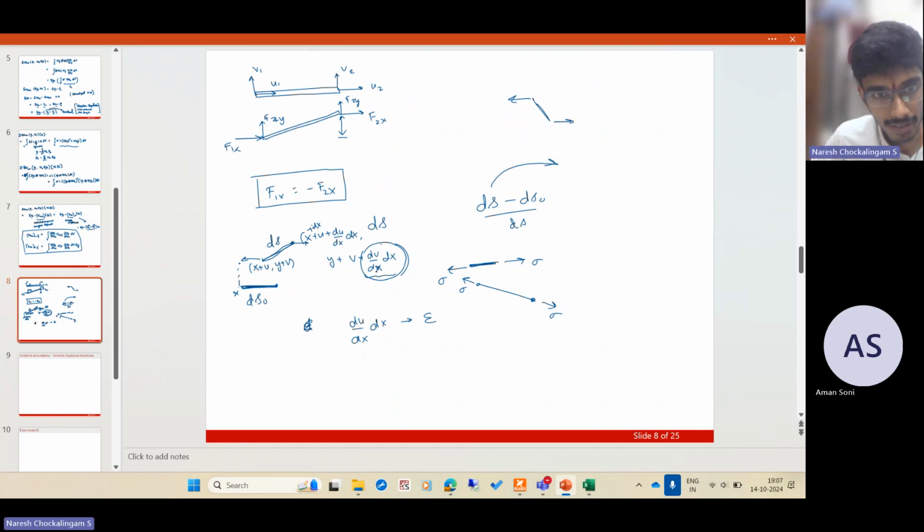So this you think of as a truss element. Part of this resistance to vertical deflection also comes from the fact that this is stretching.